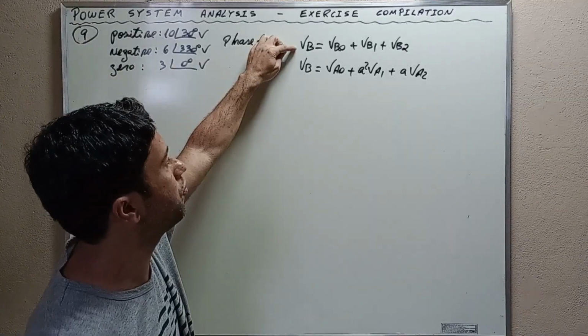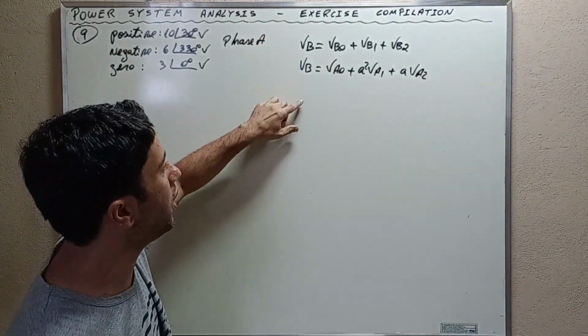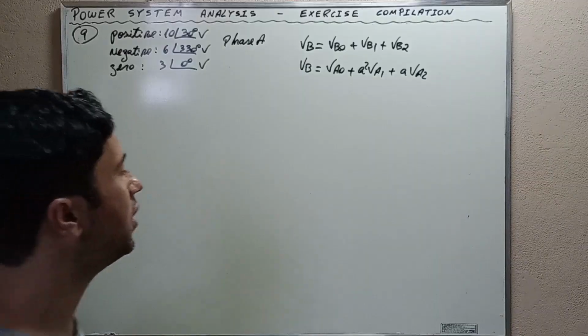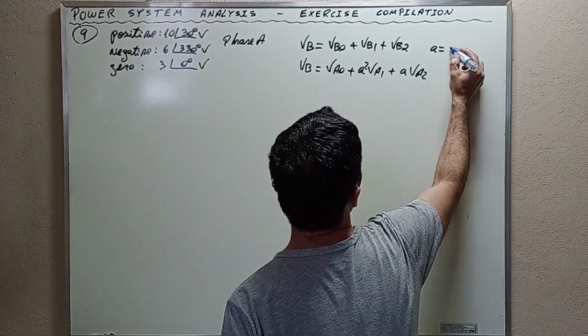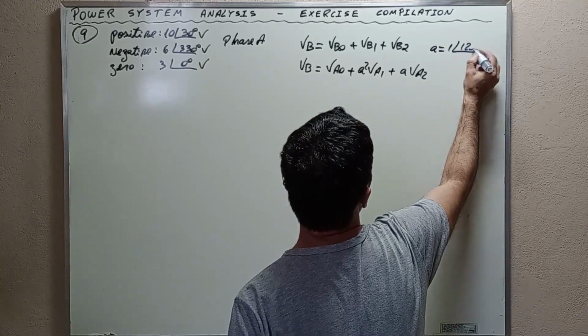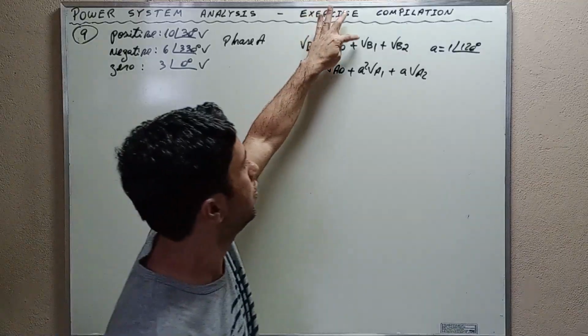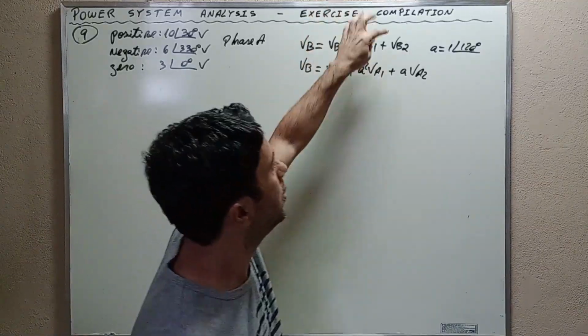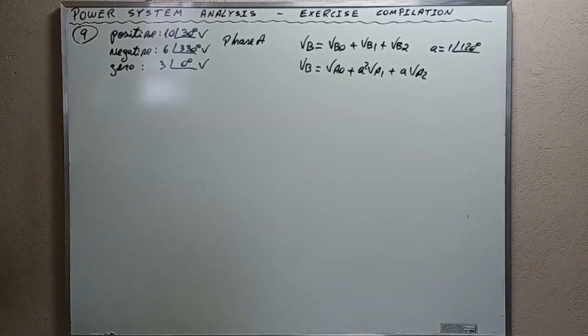In accordance to Fortescue theorem, we have this, the first expression, but there is a catch here. Using this operator here, one phase 120 degrees, we can relate VB1 with VA1, VB2 with VA2, and then we have everything to calculate what the exercise wanted. Alright, just substitute the values.